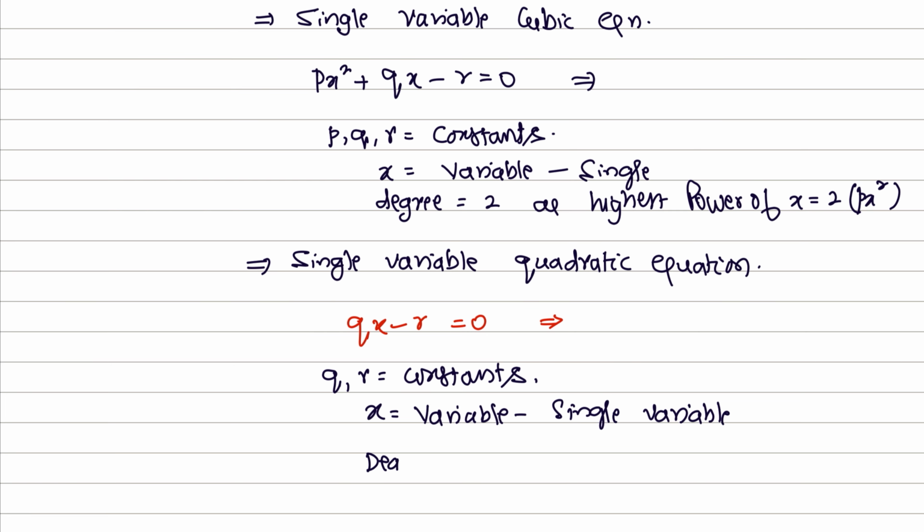The degree or power of x, the degree of the equation is not 2, it is 1, because of qx. That means qx minus r is equal to 0 implies it is a single variable linear equation.